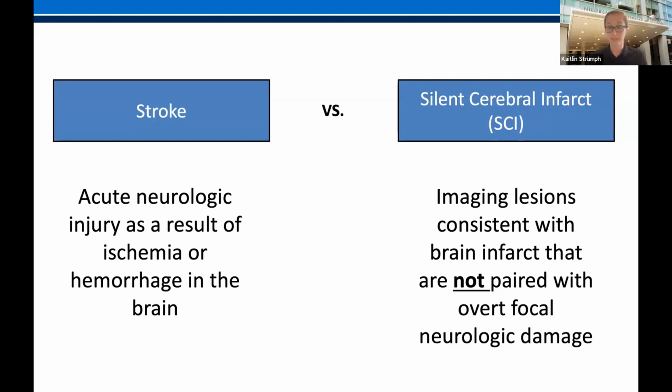A silent cerebral infarct, or an SCI, on the other hand, is when you see lesions on imaging that are consistent with a brain infarct, but they're not paired with overt neurologic damage or deficit. It doesn't mean that they don't have other downstream effects, but by definition, they cannot be associated with focal neurologic deficits.